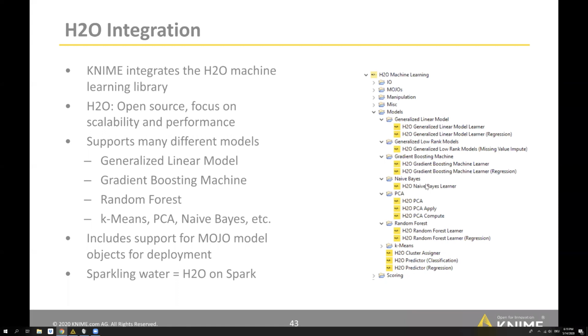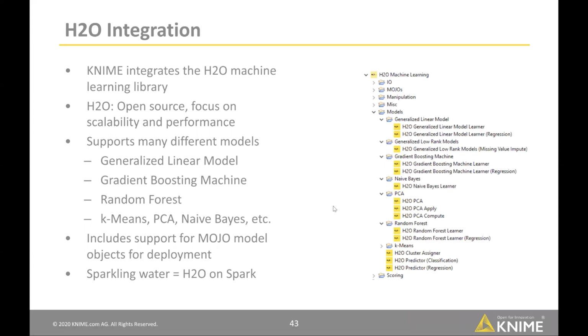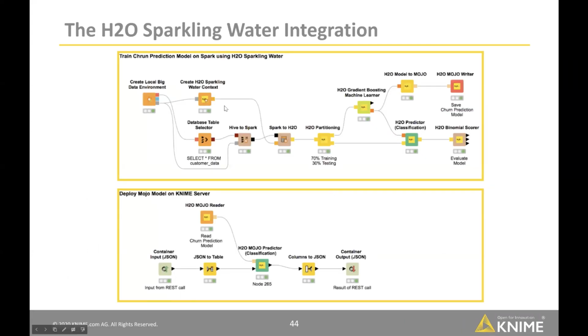On their own, these nodes would be local at the moment, so they would run locally on your laptop. But H2O also provides Sparkling Water, which basically allows you to run all these H2O algorithms on Spark. And for that, we have the Create H2O Sparkling Water Context node.